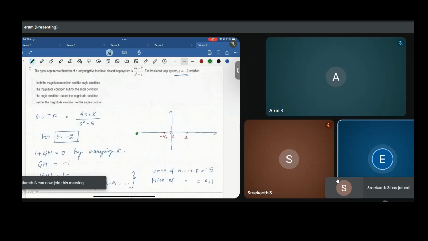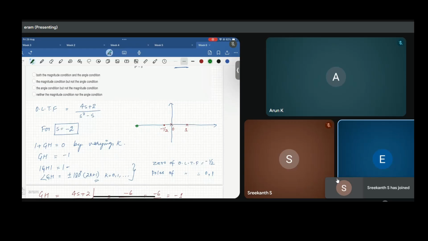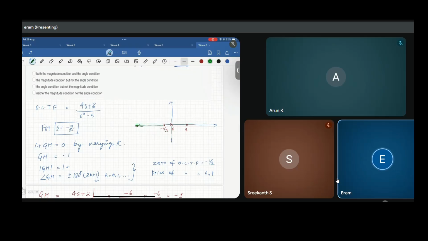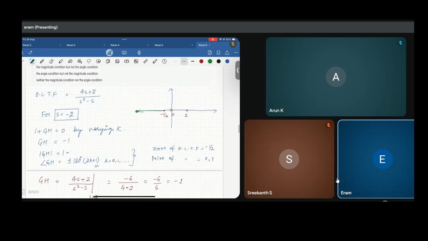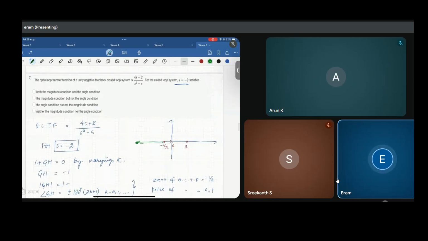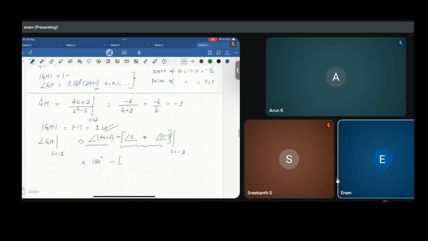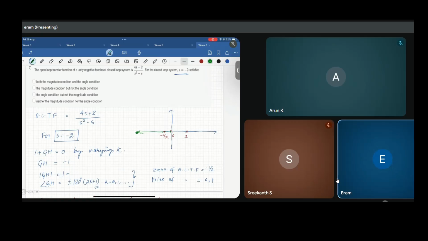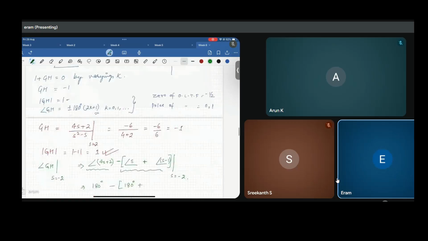So from the S plane, we can see that we have the zero at -1/2. This vector has an angle of 180 degrees from the x-axis. From the pole at 0, again we have an angle of 180 degrees. And from the pole at 1, also we have an angle of 180 degrees.